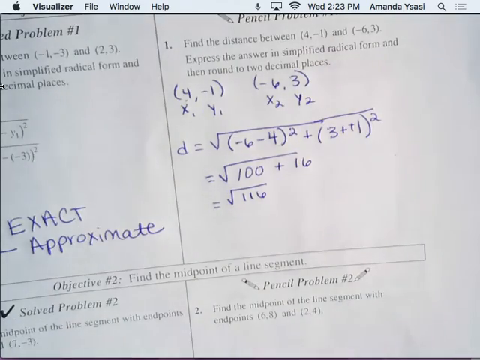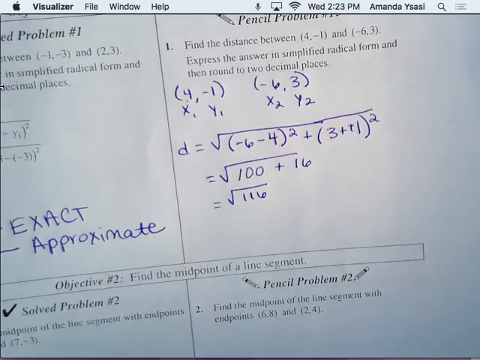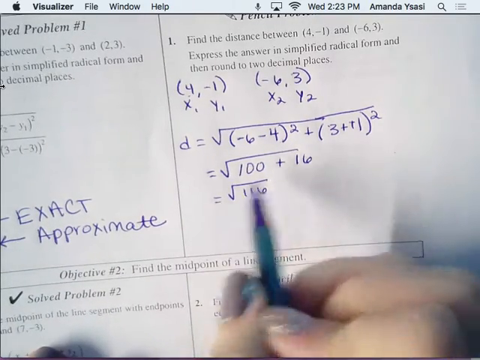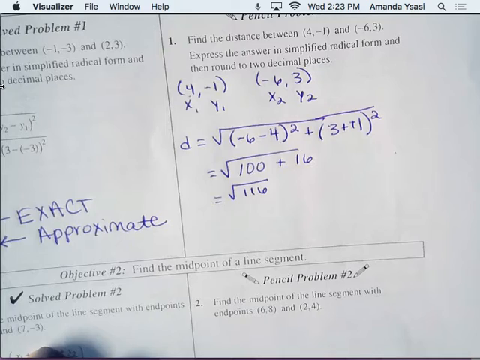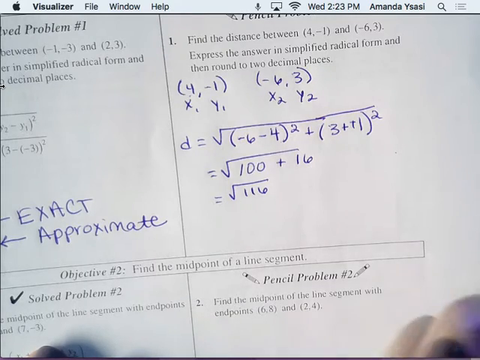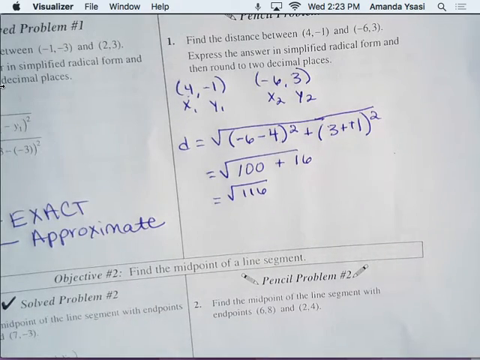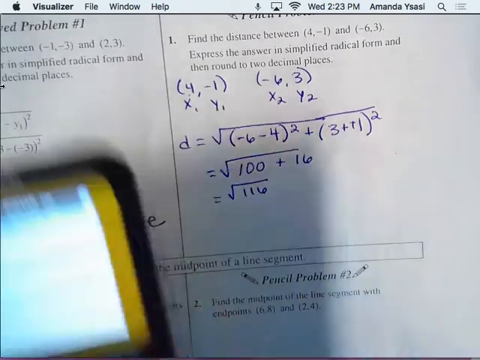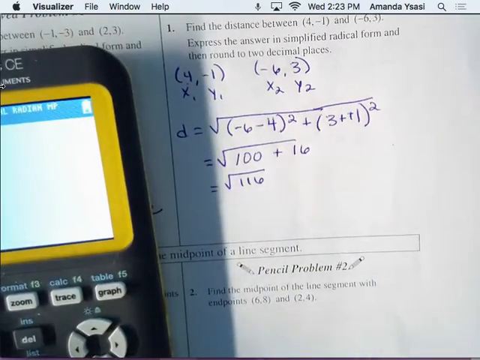Okay, so then we need to simplify it. We need to find a perfect square that is a factor of 116. So what numbers divide 116 evenly that are a perfect square? Okay, so 4 times 29.